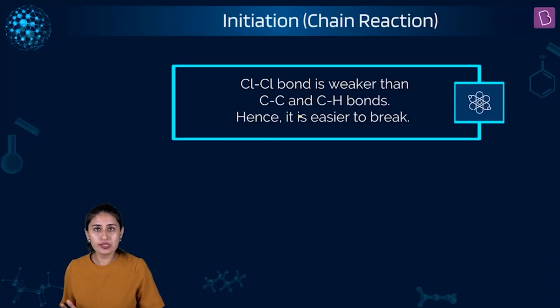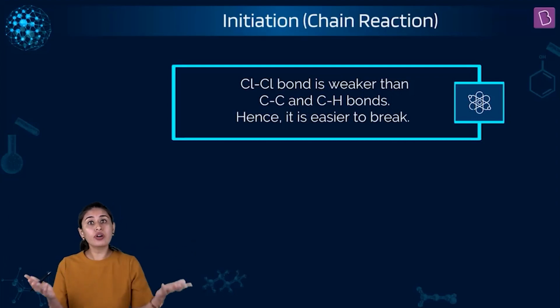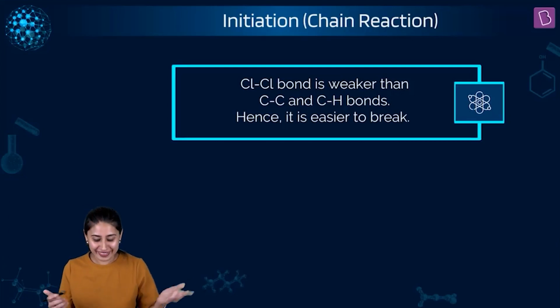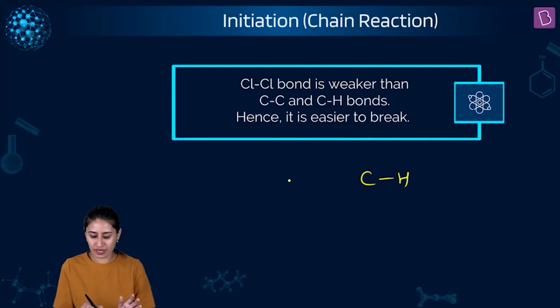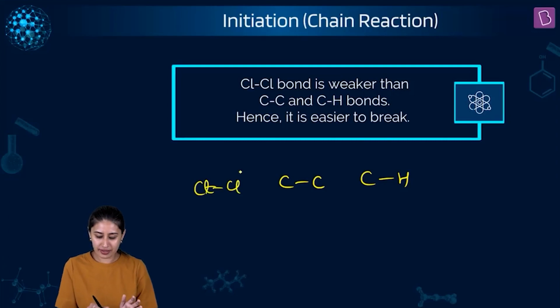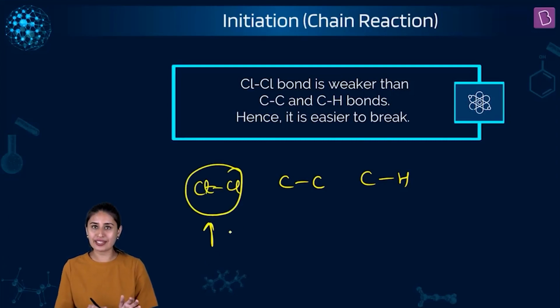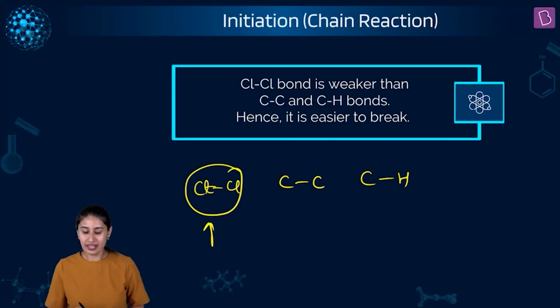Carbon-carbon is one of the strongest bonds. You know that. That's why the whole of organic chemistry is something that you study. And carbon-hydrogen bonds are also very strong. So it is easier to break the chlorine-chlorine bond rather than a carbon-hydrogen or a carbon-carbon bond. So of course, we know why we are talking about the free radicals of halogen rather than any other.